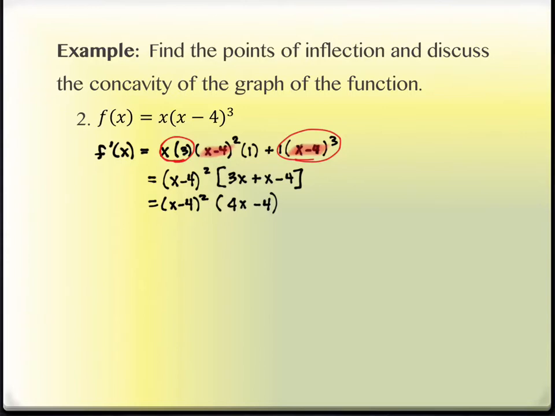Okay? Again, if you want to multiply it all out, you certainly could. That's not an unreasonable thing to do at any point in this. But I want to show you some operations with factoring here, because it is kind of nice to do it that way too. Okay, that's just the first derivative, and we're supposed to be finding the second derivative, right? So we're going to keep going. Now I need the second derivative.